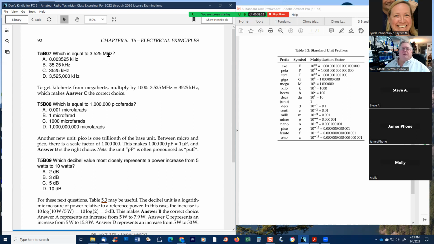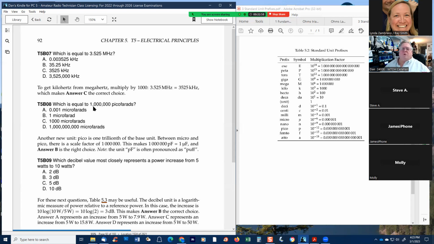There's the million, hertz starts with a capital, and 3.5 megahertz. Well, if we just added zeros, we could have kilohertz, which there it is. I didn't even look at the answer. We just thought, what are they likely to do? So 3,525 kilohertz is 3.525 megahertz. Remember, kilohertz is a 1,000th of a megahertz.